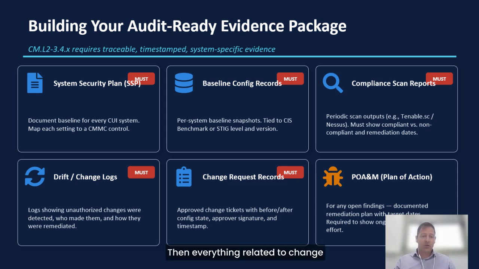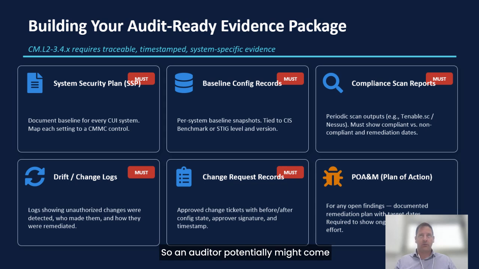Then everything related to change management policy and procedures. It can be the initial implementation of the baseline, but also once the systems are compliant, what is the change approval process, how it is being loaded, how it is being added, how it is being reviewed, and where this data is kept.